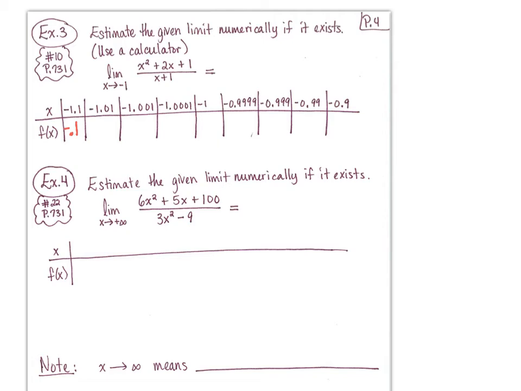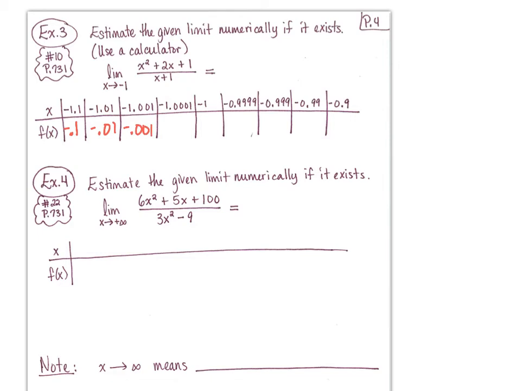Go ahead. If you want it, jump in. When x is -1.01, what do you get? -0.01, good. When x is -1.001, what do you get? -0.001. Good.